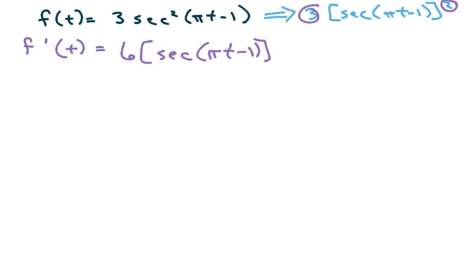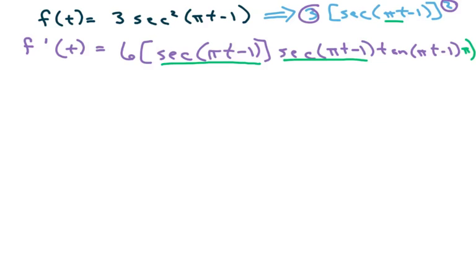Then you take the derivative of your inner function, and the derivative of your inner function is just secant times tan, times the derivative of this right in here, which is just pi. Alright, and then further cleaning this up, these two are the same, so we have 2 of those.